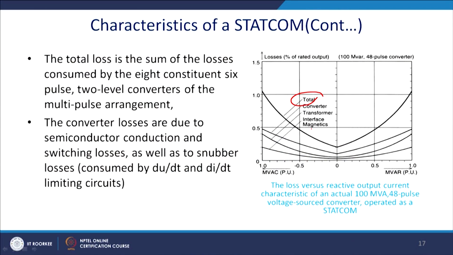So, total loss essentially is the sum of 8 constituent 6 pulse 2 level converters of the multi arrangement. So, see that this is the power rating. So, how are these losses changing? This is basically the 0 voltage operation, this is 0 current operation here, and here it is plus MVAR and here it is minus MVAR. So, it can compensate both inductive as well as capacitive.